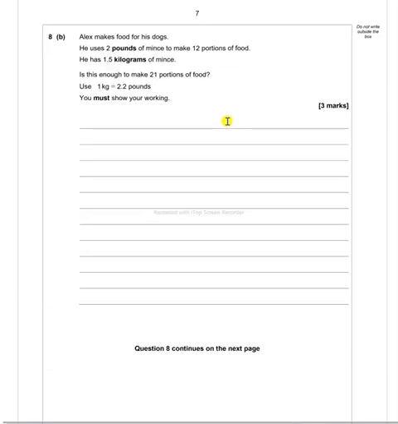Right, Alex makes food for his dogs. He uses 2 pounds of mince to make 12 portions. He has 1.5 kilograms of mince. How much can he make basically? Right, so you know 1 kg equals 2.2 pounds.